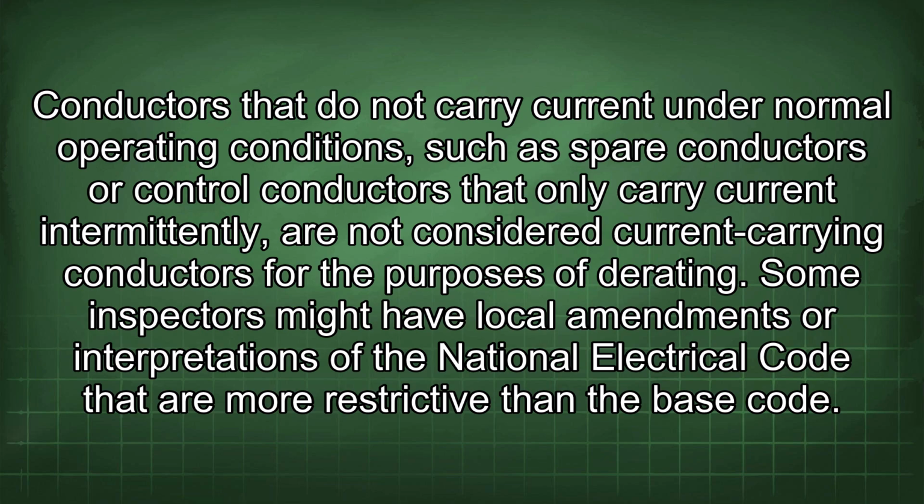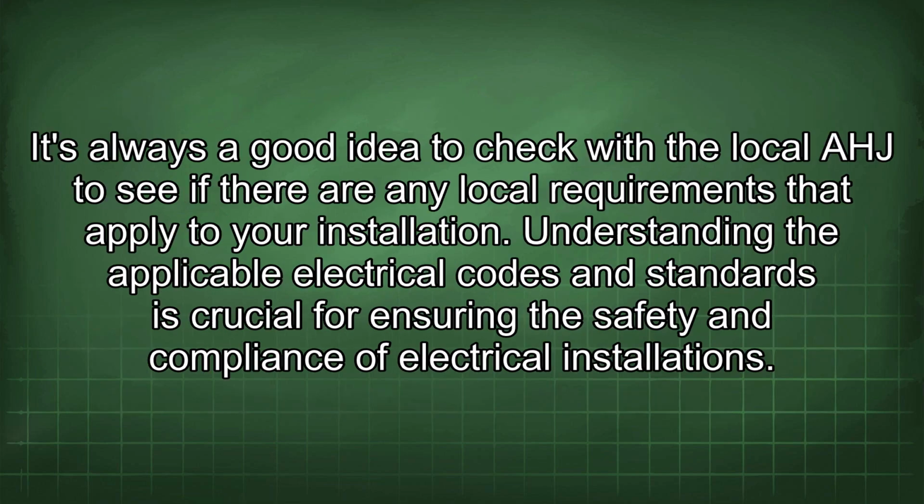Some inspectors might have local amendments or interpretations of the National Electrical Code that are more restrictive than the base code. It's always a good idea to check with the local AHJ to see if there are any local requirements that apply to your installation. Understanding the applicable electrical codes and standards is crucial for ensuring the safety and compliance of electrical installations.